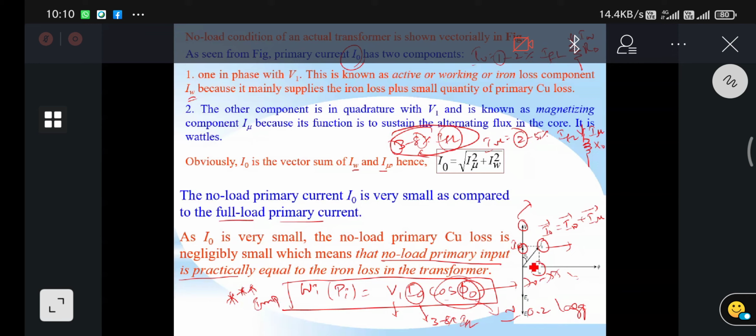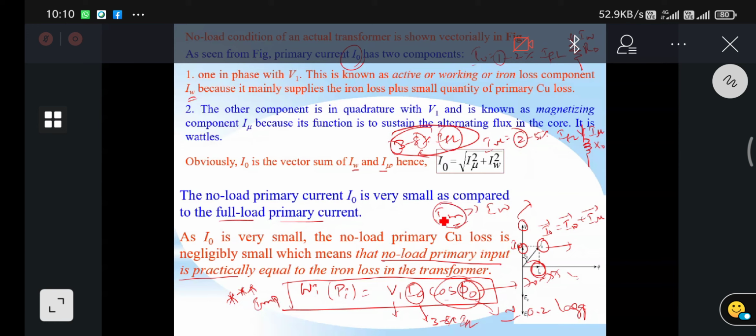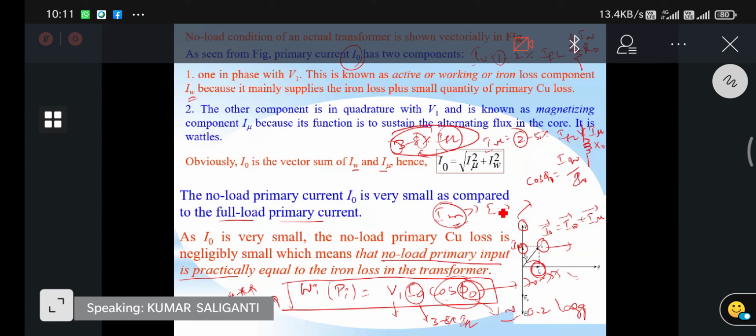Because the magnetizing component of current is more compared to the working component of current: 1 to 2% of full load current is the working component, and 2 to 5% is the magnetizing component. Cos phi naught is equal to the working component divided by I naught.